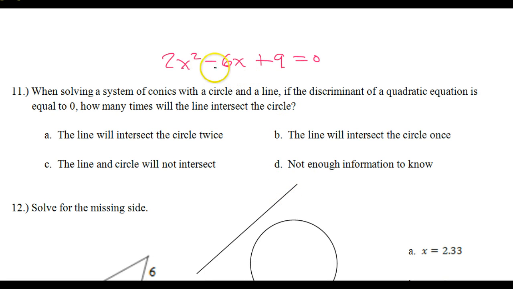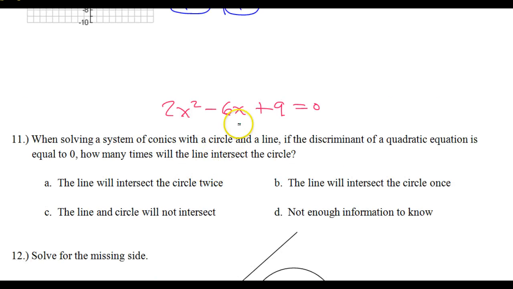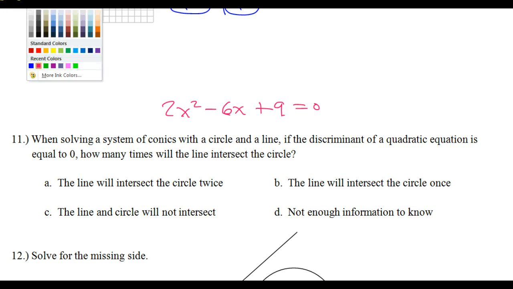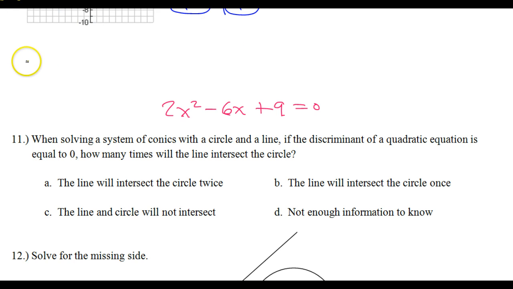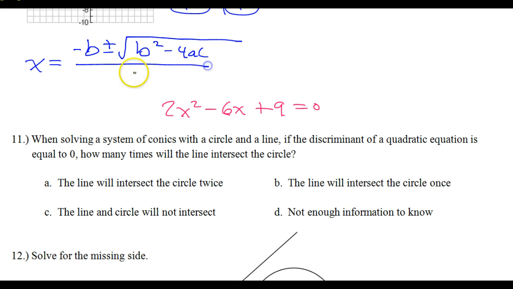We can't just factor out a GCF. There is no GCF. We would use the quadratic formula in this case. Now the quadratic formula is like this. When you have a quadratic equation, meaning we have x squared, we can find the solutions by taking the opposite of b plus or minus the square root of b squared minus 4ac all over 2a.